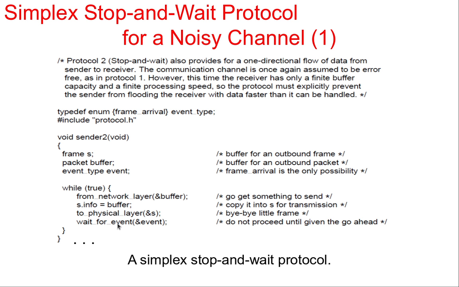So once an acknowledgement frame is received from the receiver, this wait for event function will conclude, and it will go to once again top from network. The next packet will be accepted, it will be put into a frame, and that will be given to the physical layer for the transmission. Once again it will wait for the event, and so on.